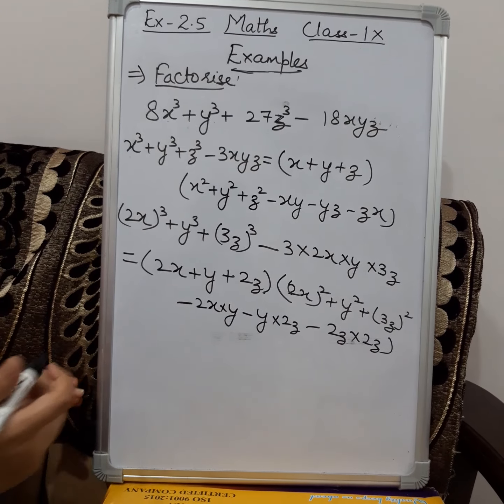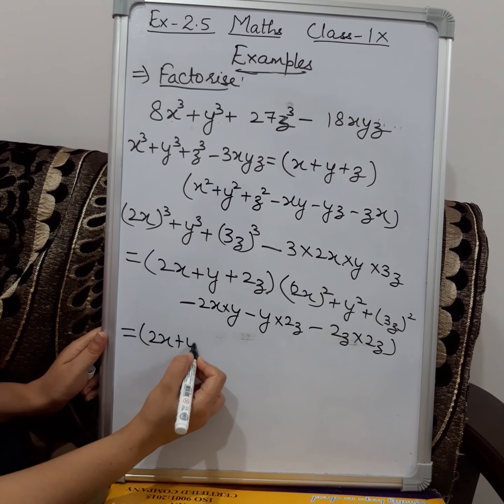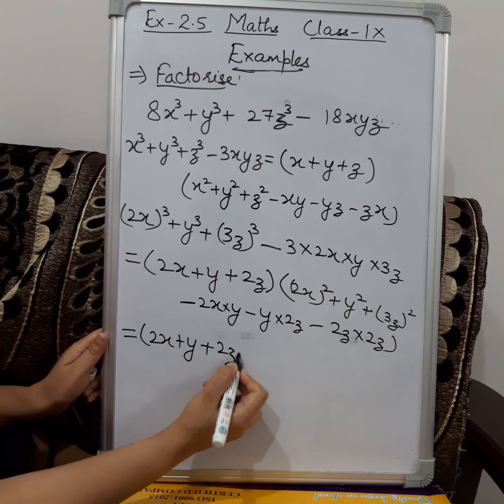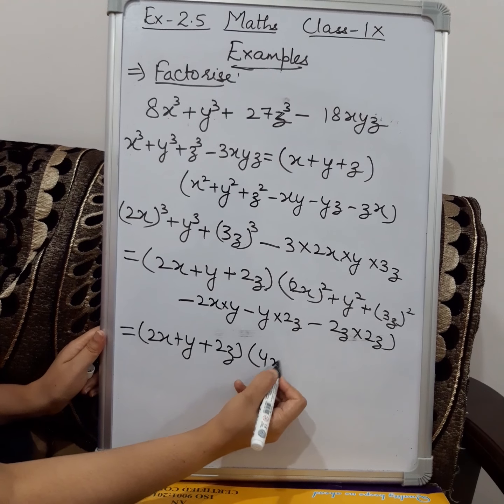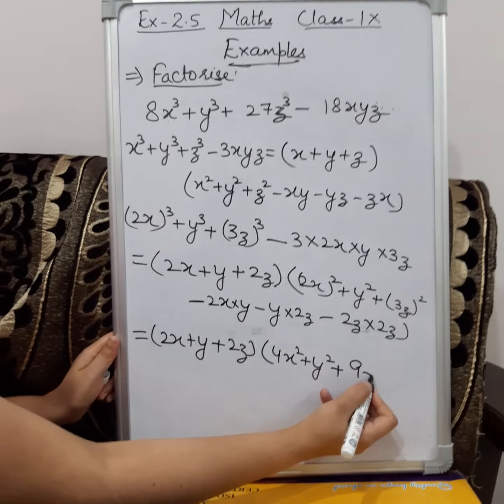So the last step, it will be equal to (2x plus y plus 2z). The second bracket will be 4x square plus y square plus 9z square.